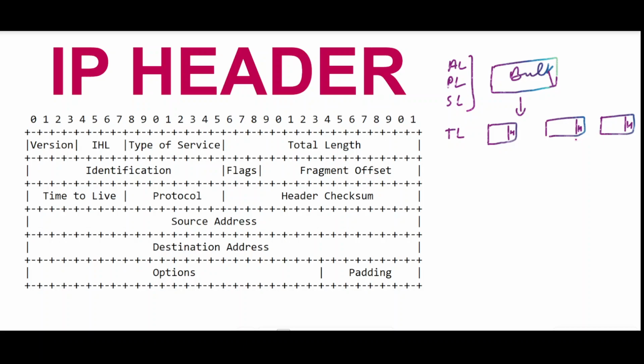Otherwise we cannot reassemble, we cannot count how much data is received, how much data is passed out. So in this region we attach a header. When you attach the header, this process is known as encapsulating.